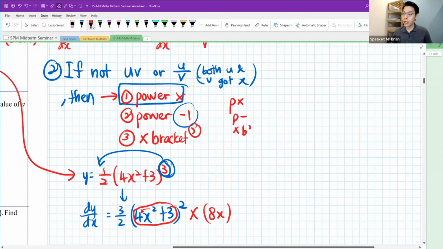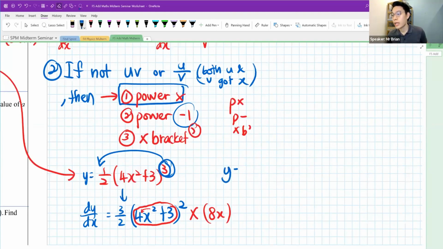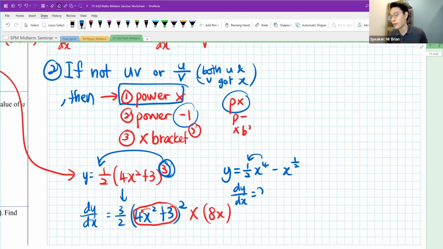But I just want to do a quick one. Not all the time you have a bracket. What if sometimes you don't have a bracket? Let's say y equals 1 over 2 x to the power 4 minus x to the power of 1 over 2. Let's try to differentiate this. So I'll do power times 1 over 2 times 4.